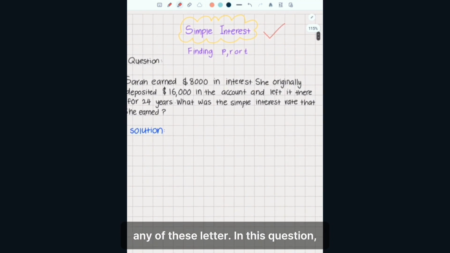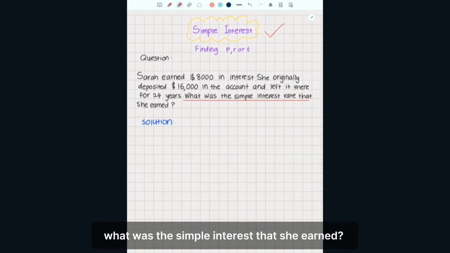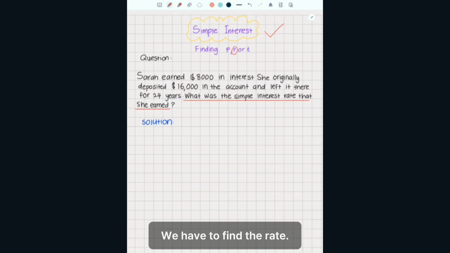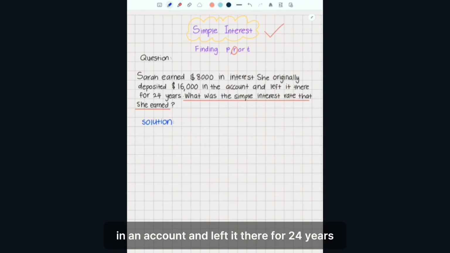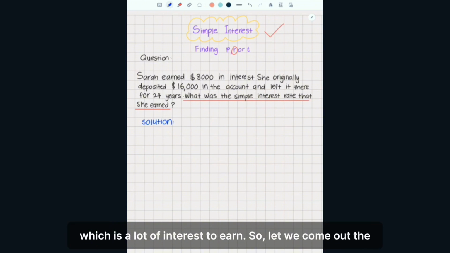In this question, what was the simple interest rate that she earned? We have to find the rate. Sarah earned $8,000 in interest. She originally deposited $16,000 in an account and left it there for 24 years, which is a lot of interest to earn.